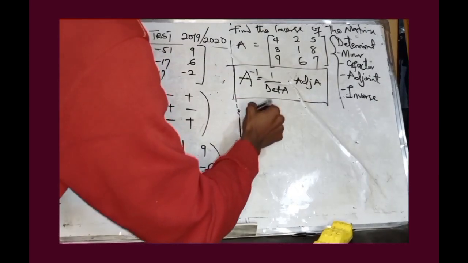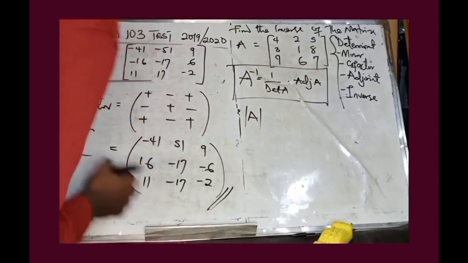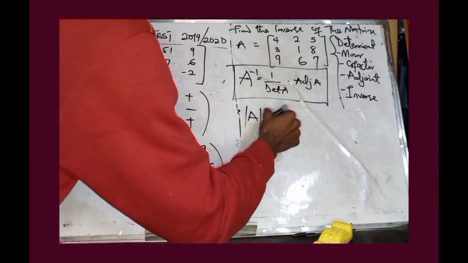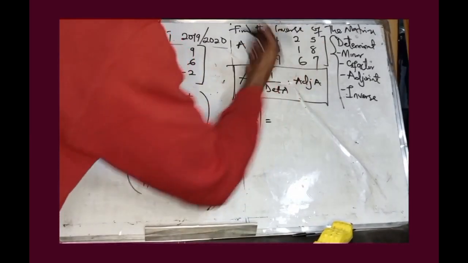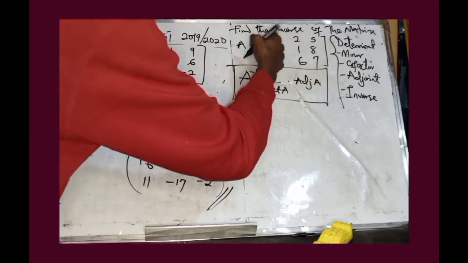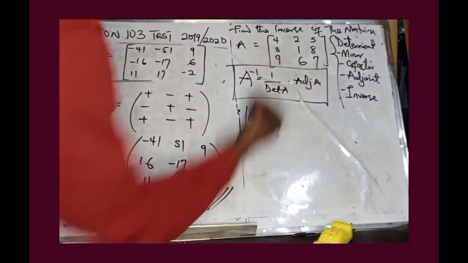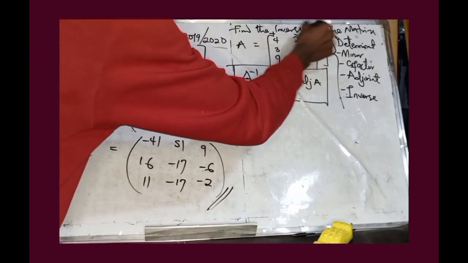Now, by determinant of this matrix, I have A here. This is the symbol for determinant. Firstly, I need to observe something: I'm using the first row to obtain the determinant, so I have plus, minus, plus.